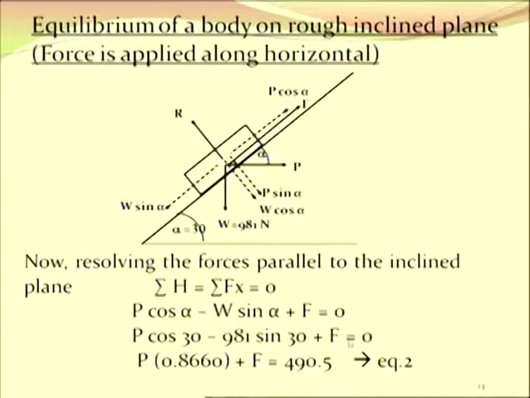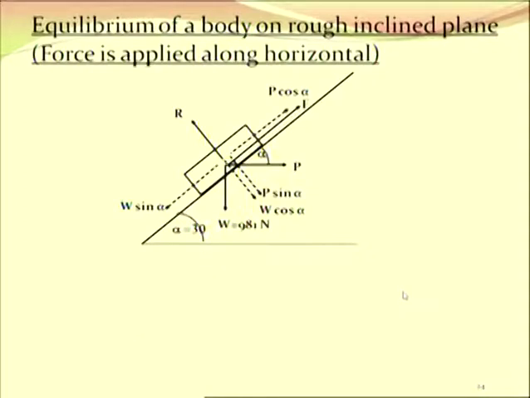So we are simplifying that: P into 0.8660 plus F equals 490.5. That is our equation number 2. Using the law of friction, F is equal to mu into R. Mu is given to us and R we have also resolved.